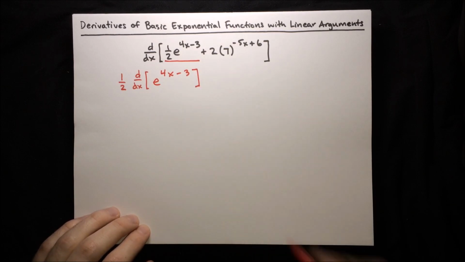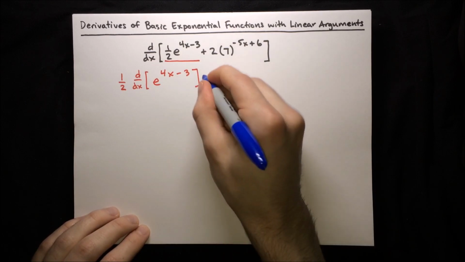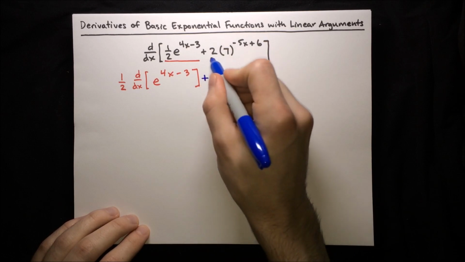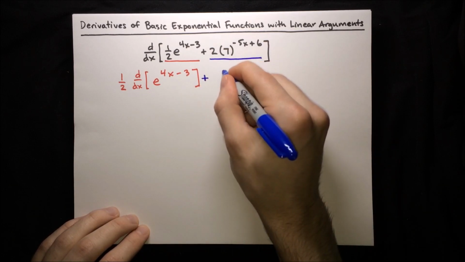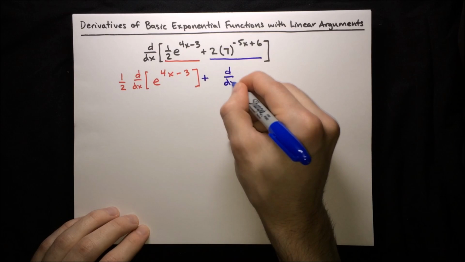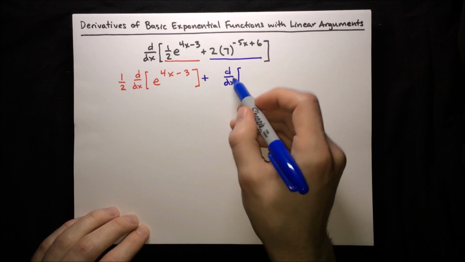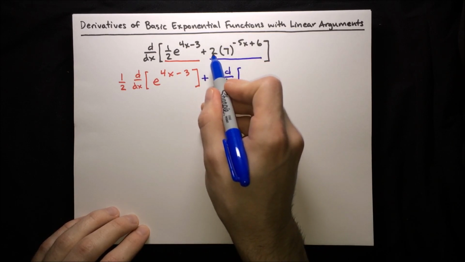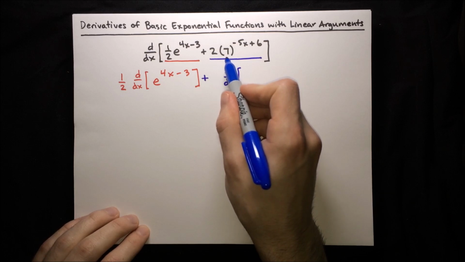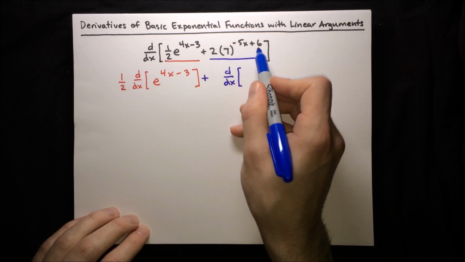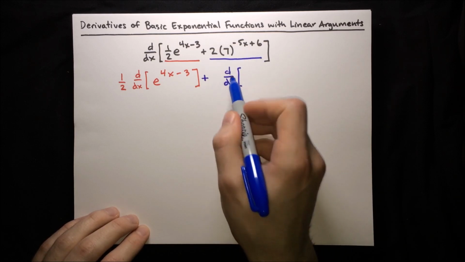And then we can go ahead and add the derivative of the second term here, so plus d over dx of that second part, and here we've got a coefficient of 2. In order to isolate the exponential part, 7 to the negative 5x plus 6, we can move that 2 outside the derivative.